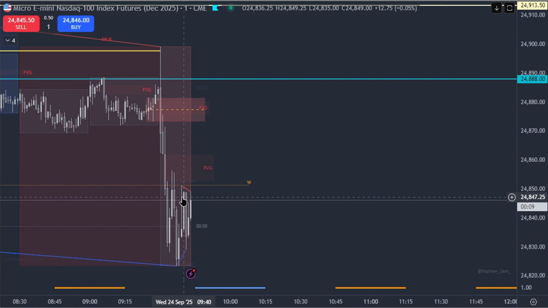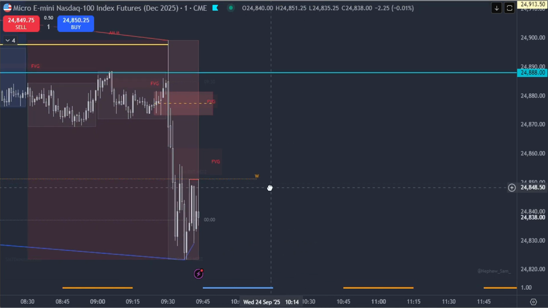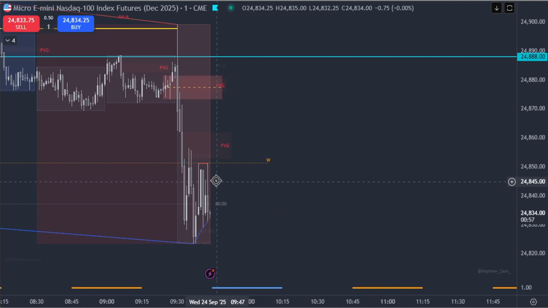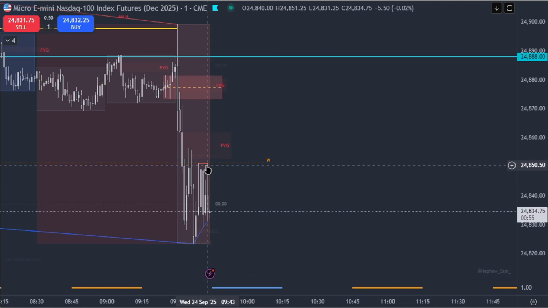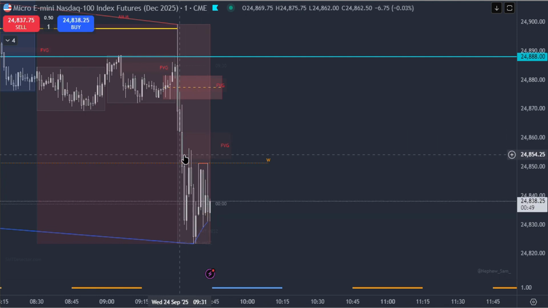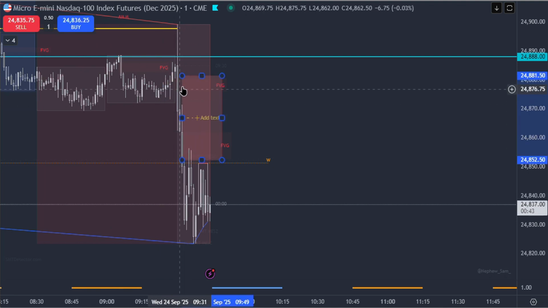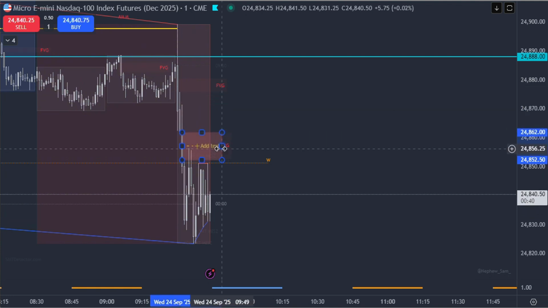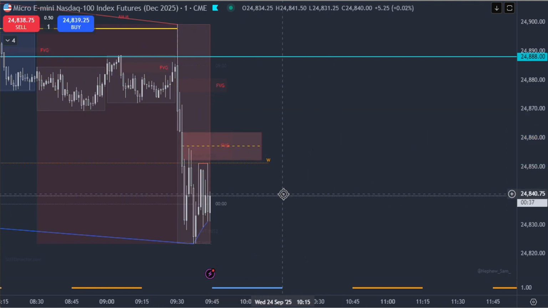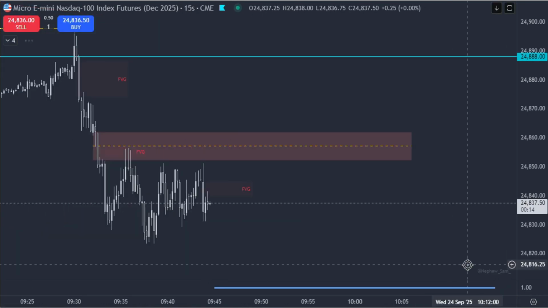So we have this SMT here. You could have entered right there. You could have entered there, put your stop loss here at this high. You see that you have this imbalance right here, right? Let's zoom in.